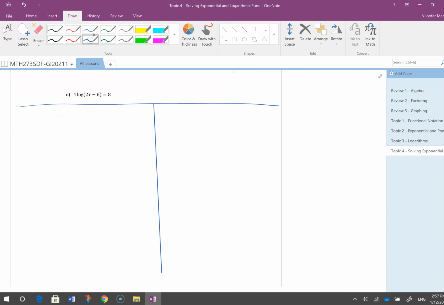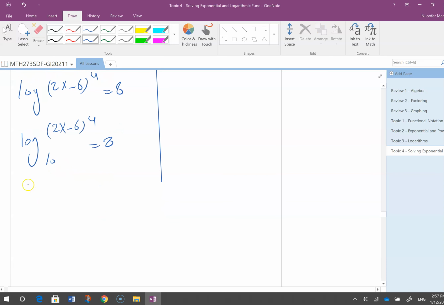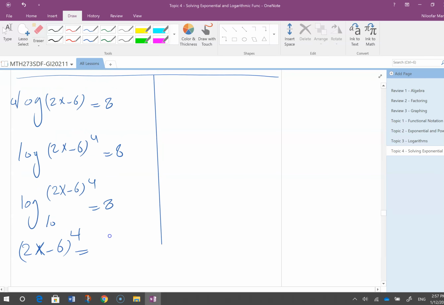So look at this. If I don't notice, I have 4 logarithm of 2x minus 6 equals 8, and then this is logarithm of 2x minus 6 to the power 4 equals 8, and then logarithm of 2x minus 6 to the power 4 base 10 is 8, and then 2x minus 6 to the power 4 is 10 to the power 8.